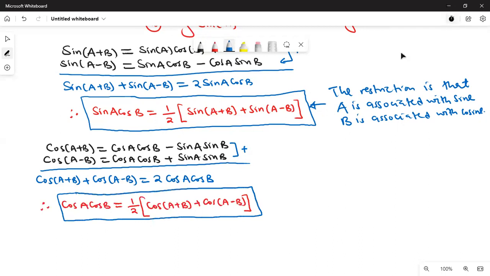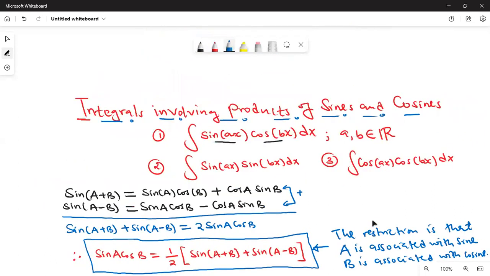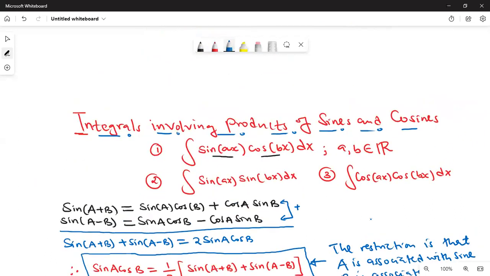That will help you rewrite the integrand in part 3 here, a product of cosines only.